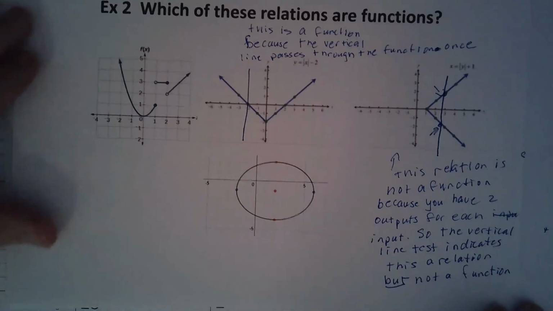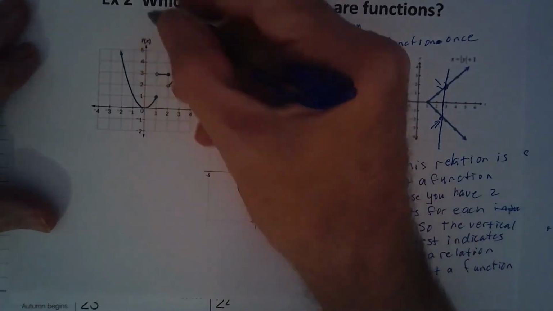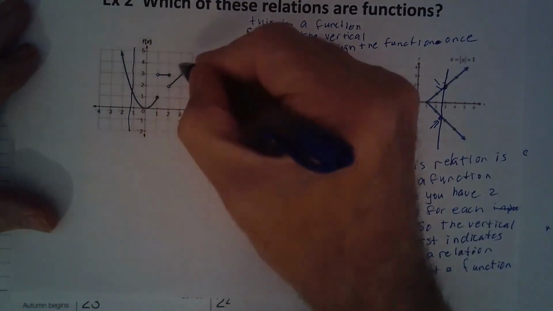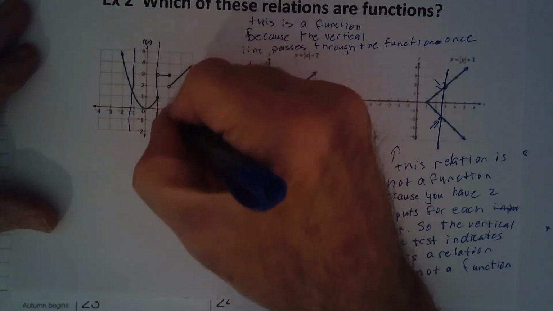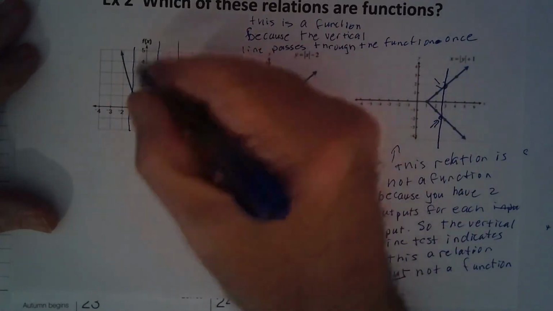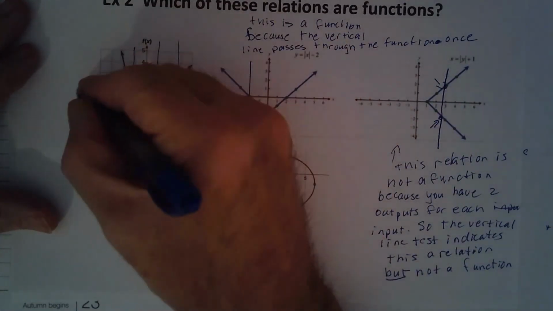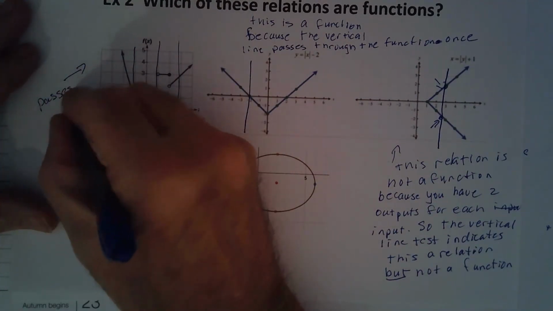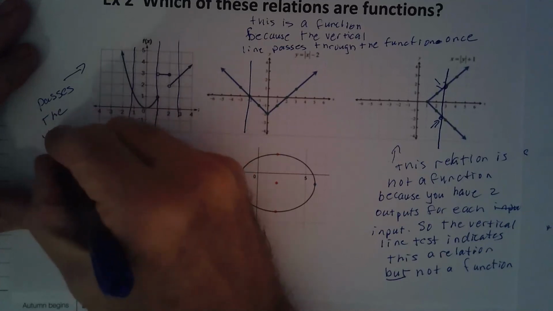Okay. All right, well, let's look at this first one here. I could put a line through here, I could put a line through here, I could put a line anywhere along here. And you'll notice in each case, this passes the vertical line test.